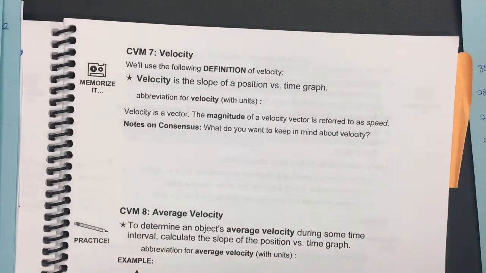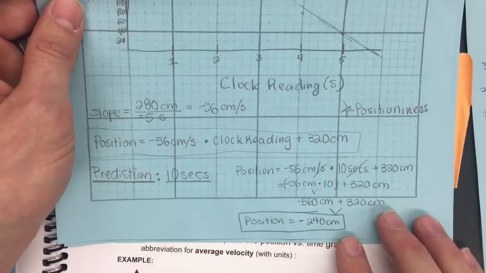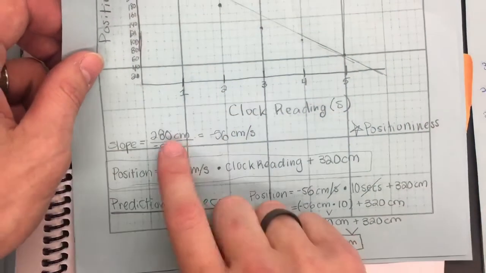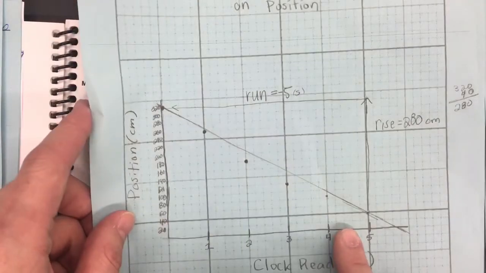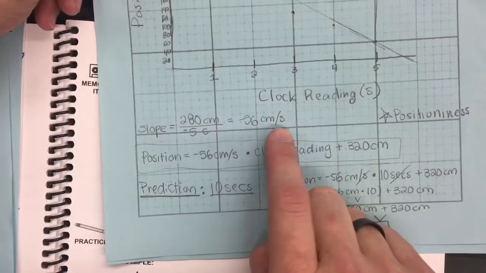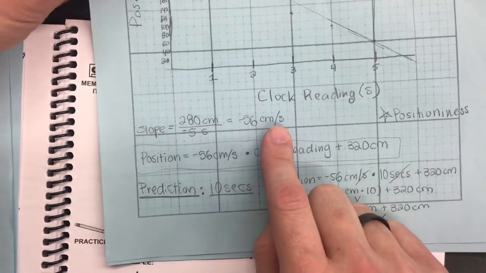I'll show you some more work. We've got Wendell and Jorde's work here. They were working with a red buggy, and notice they calculated their slope to be negative, which is interesting, and it was much faster. That is, it was 56 centimeters per second.